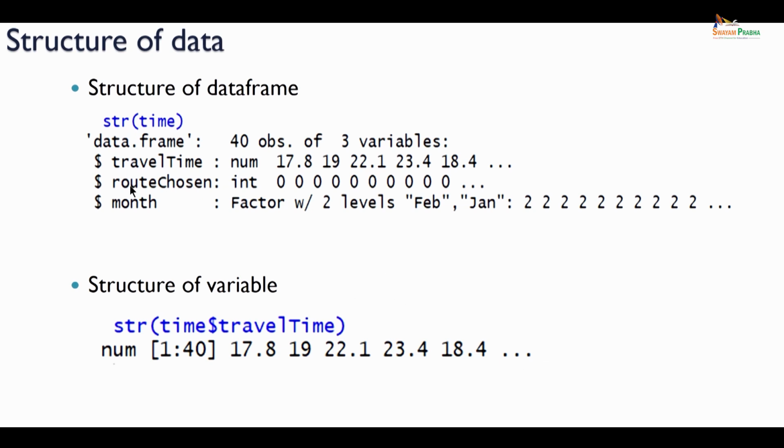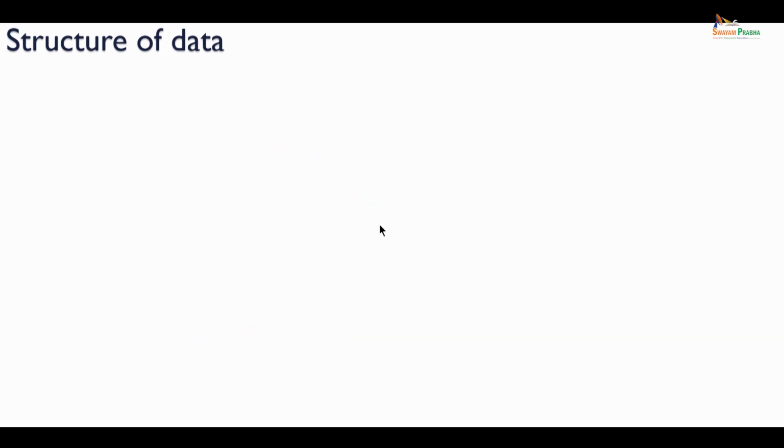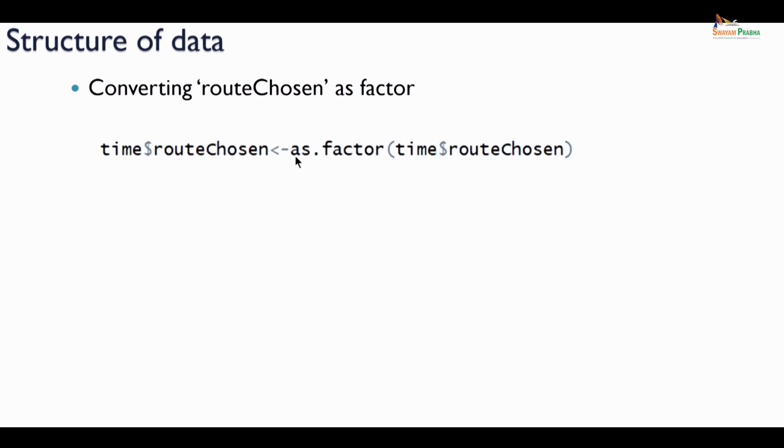Now I know my route chosen is an integer, but actually it should be a factor. Let us see how to convert route chosen to a factor. We are going to use the function as.factor. Here I am saying time dollar route chosen is nothing but as.factor of time dollar route chosen.